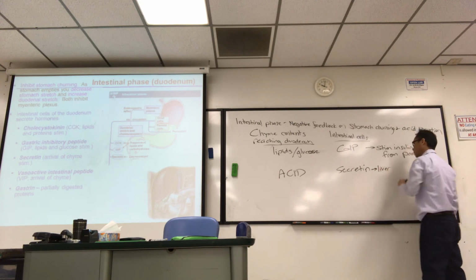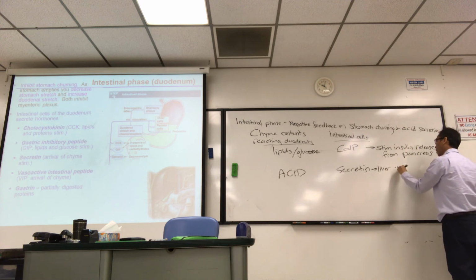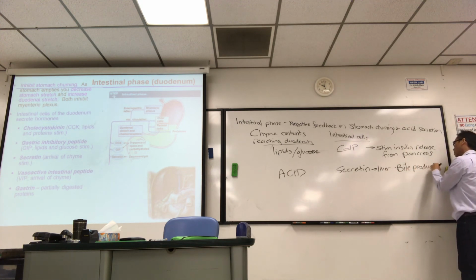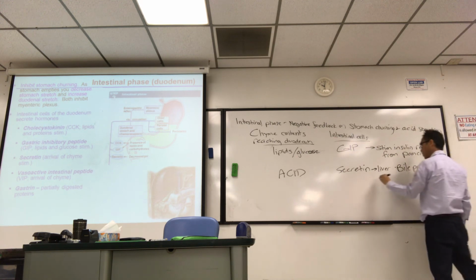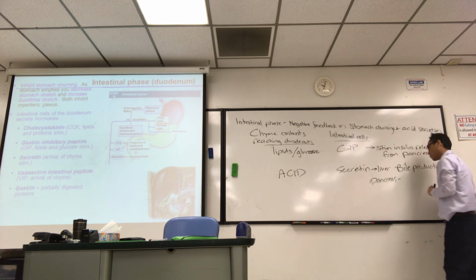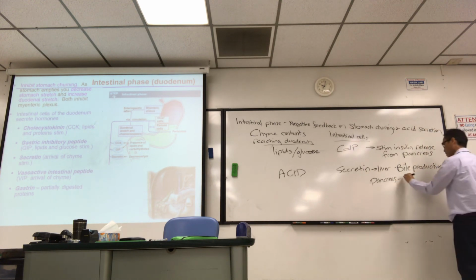In the liver, it'll make it produce bile: bile production. And in the pancreas, it'll make the pancreas secrete this bicarb-rich juice for acid neutralization.